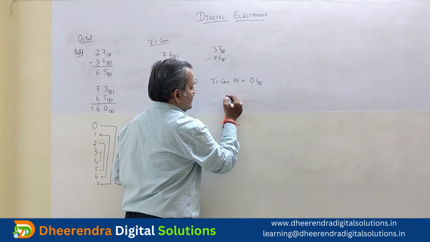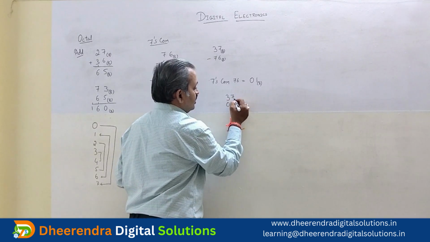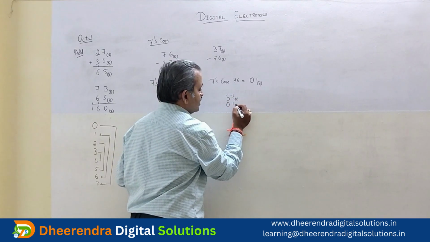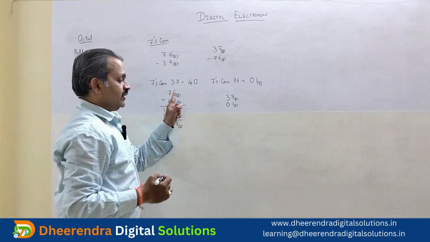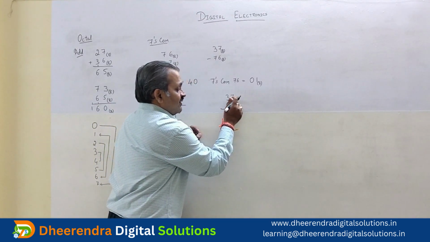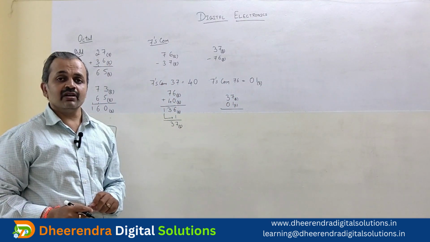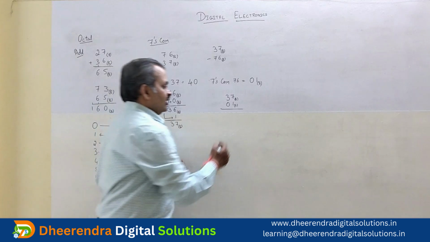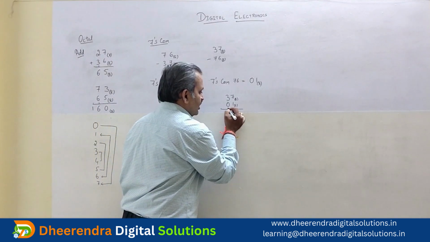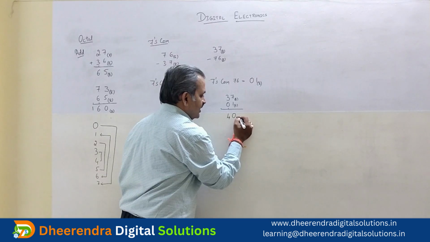Now 37 plus 10, both are octal numbers. We have to add these two numbers now. Once I add this, 7 plus 0. Now 7 plus 1, what is 7 plus 1? 10. Right. So this is 10. Carry is 1. 3 plus 1 is 4 to the base 8.